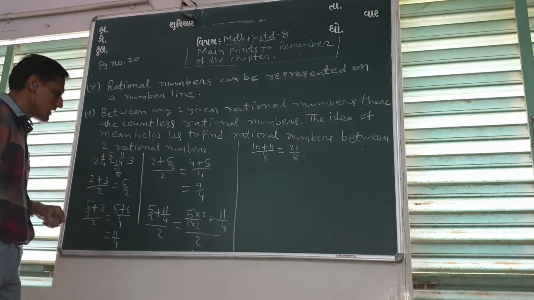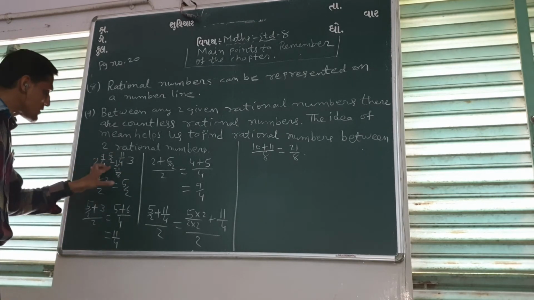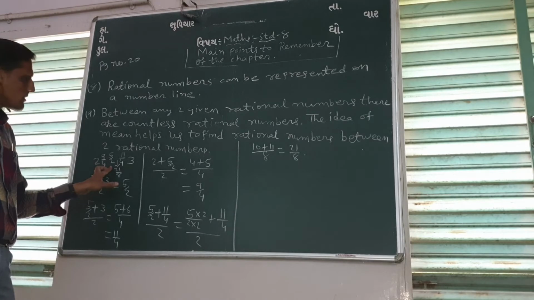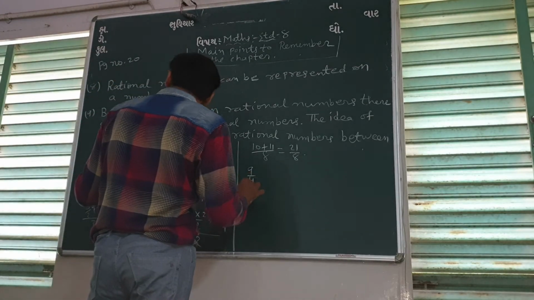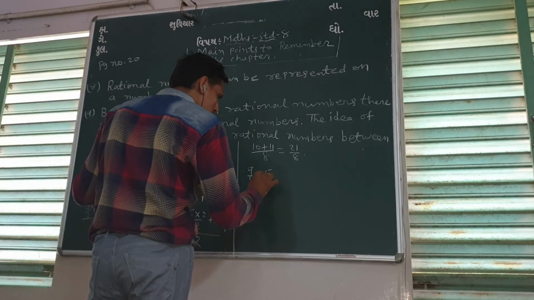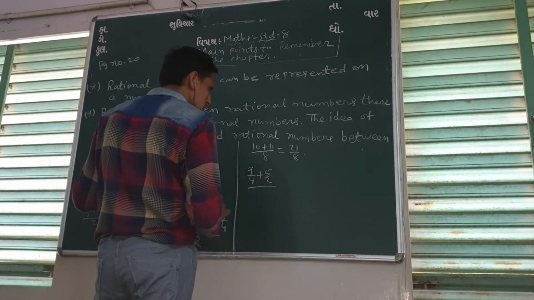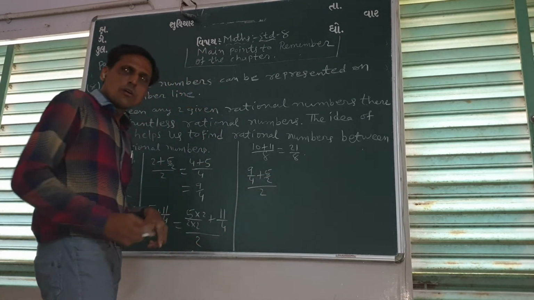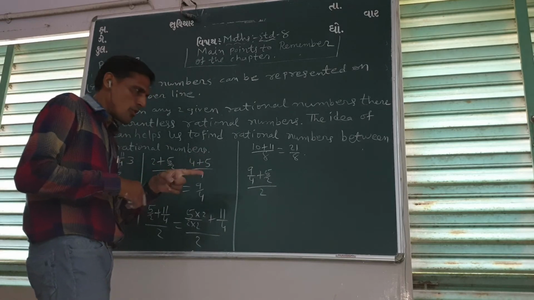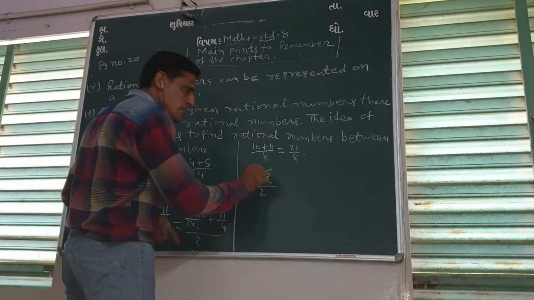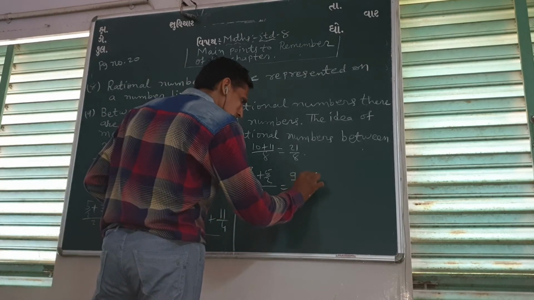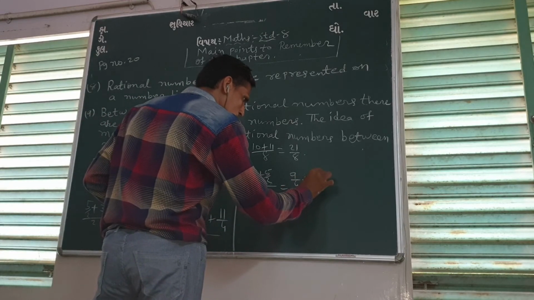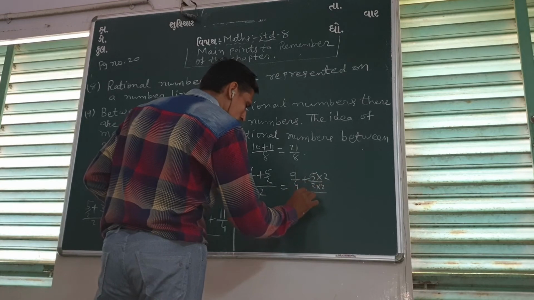21 by 8. Right? Now between these two also we can find numbers. So (9 by 4 plus 5 by 2) by 2. LCM of 4 and this 4, so we will multiply this by 2. So (9 by 4 plus 5 by 2 into 2 by 2).